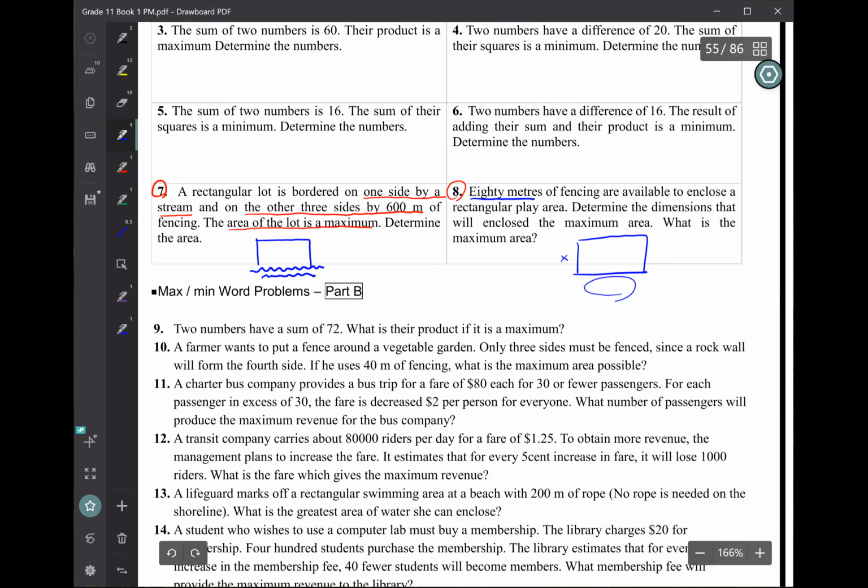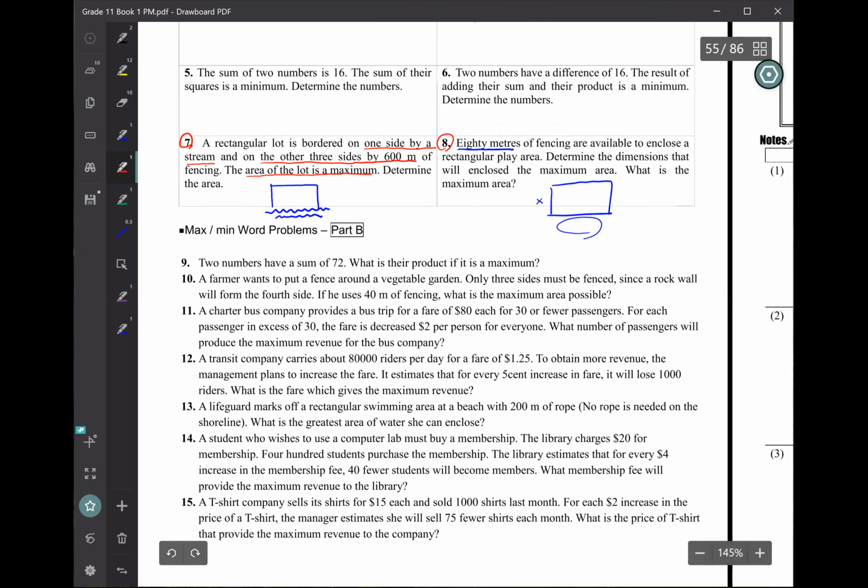And then we have another one that's also about area. I think it was number 13. Number 13 is about area. And number 10, the farmer. Same thing for number 10, only 3 sides must be fenced.